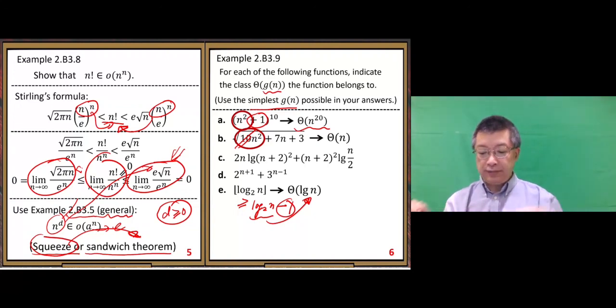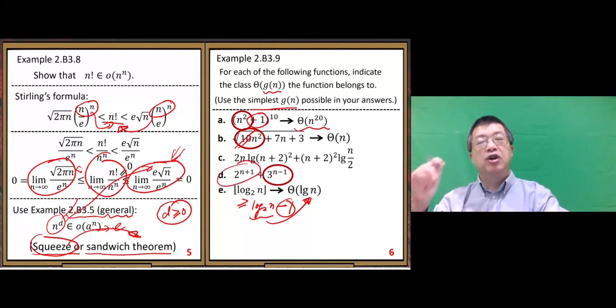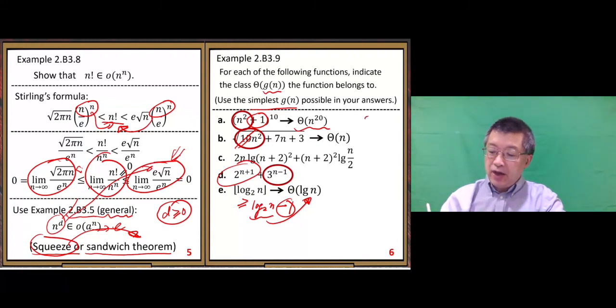All right. D, because comparing with the exponential function with base 3, the first term, base 2, is too small. You can also look at the ratio of these, and if you take the limit, that is 0.